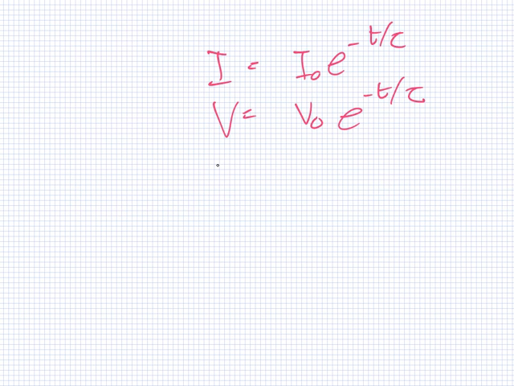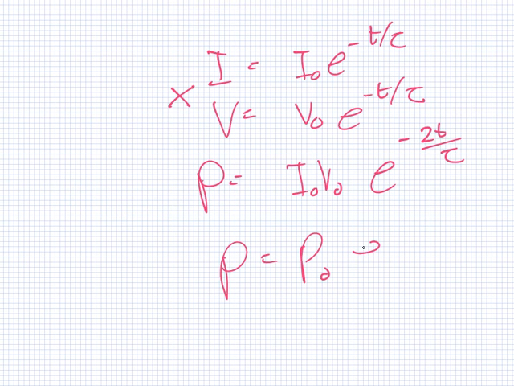If I equals I0 e to the minus t over tau, and V equals V0 e to the minus t over tau, then if I multiply these, I get P equals I0 V0 e to the minus 2t over tau. So I get P equals P0 e to the minus 2t over tau.